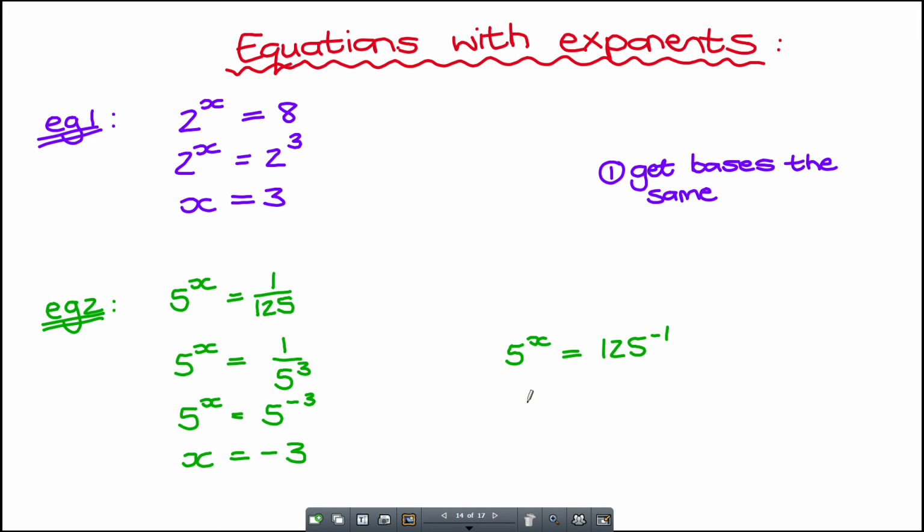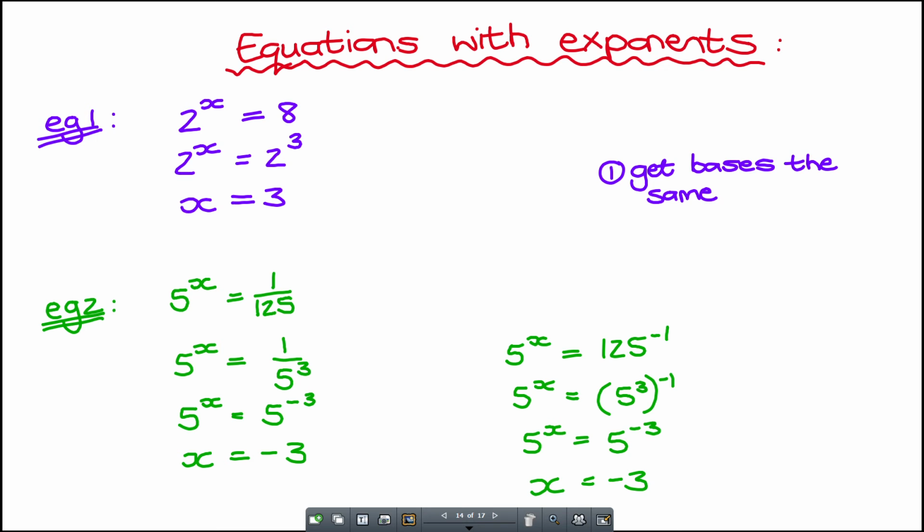Then I'm going to say 125 is 5 to the power of 3, and still to the power of minus 1. Or you could have skipped to saying that. And then x is minus 3.